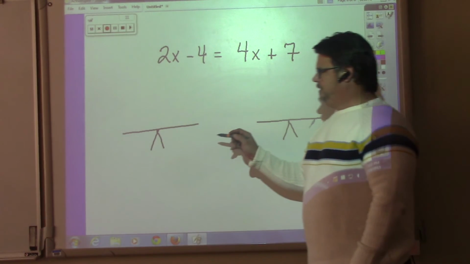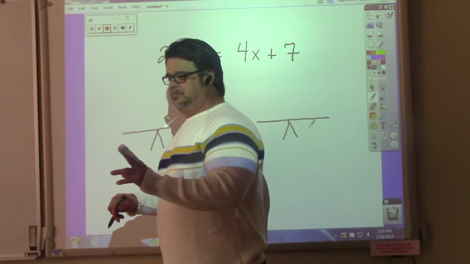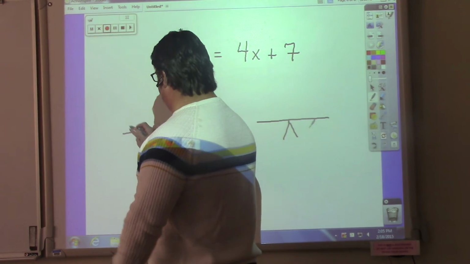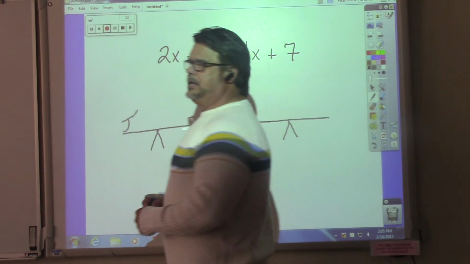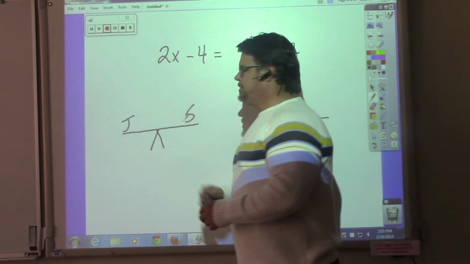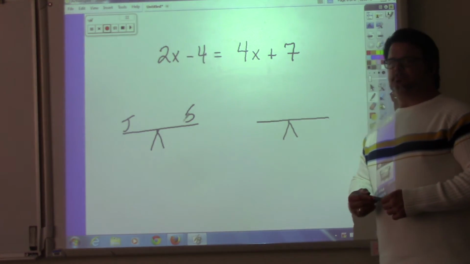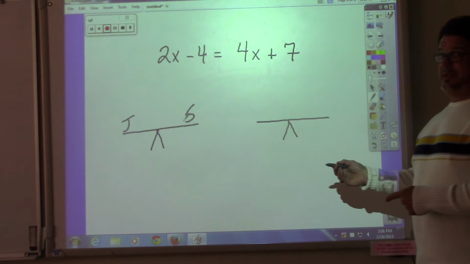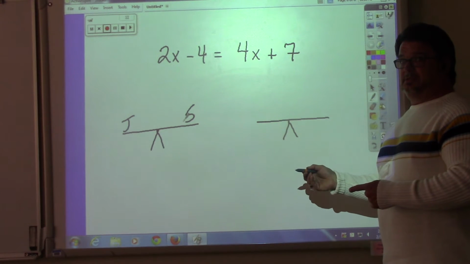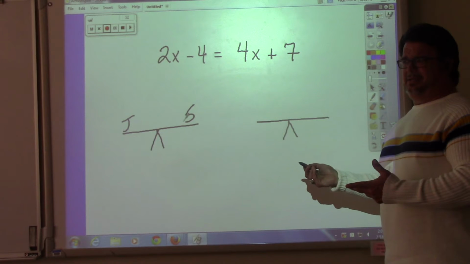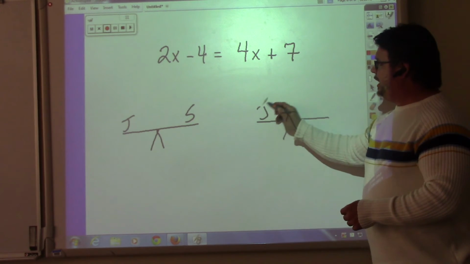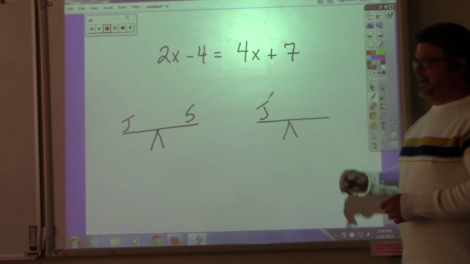Now in South Ivor, you've got 2 kids. One's named Jody, one's named Susie. In Ivor, Jody sits on the left-hand side, and Susie sits on the right-hand side. You go up to Salem, Jody has to sit on the left-hand side, right? No. Why not? In Salem you were always taught backwards, that 4x has to go on the left-hand side.